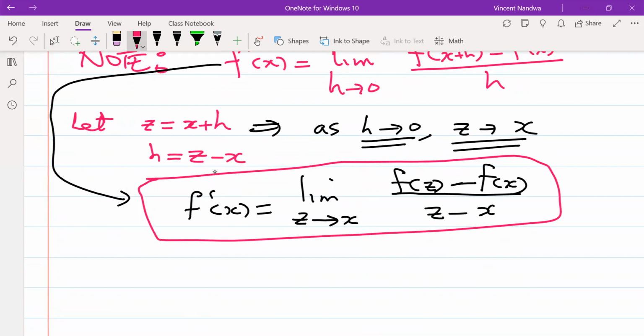So the question we had was f of x equals 1 over root x.